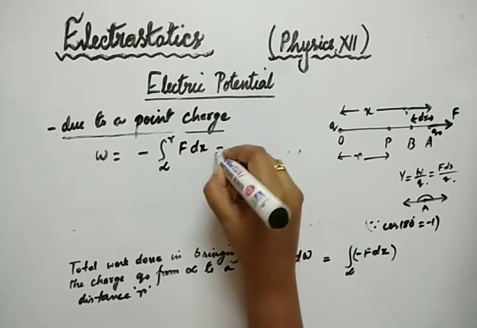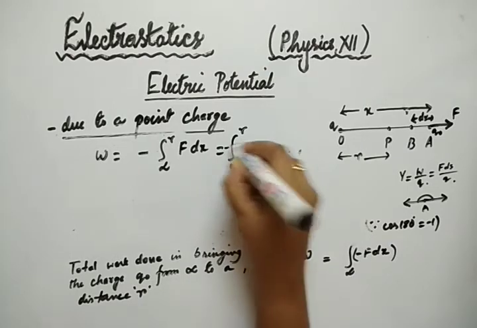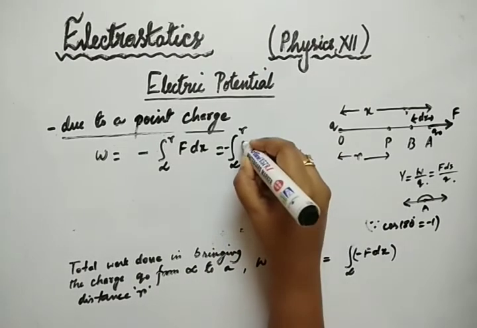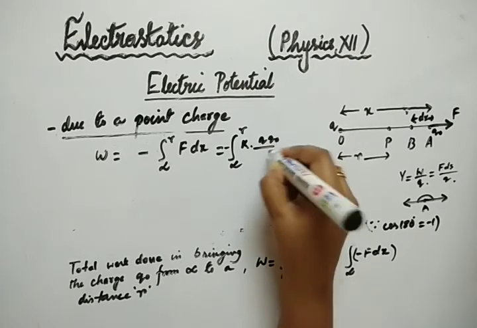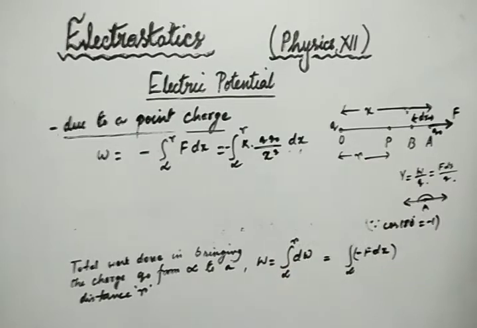Let us write the expression of F. Let us write 1 by 4 pi epsilon naught as K. So K Q q naught by x squared dx.